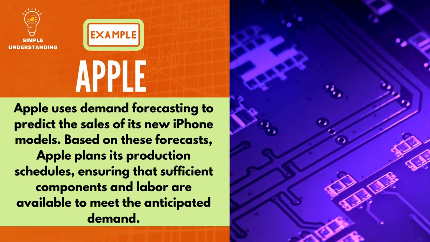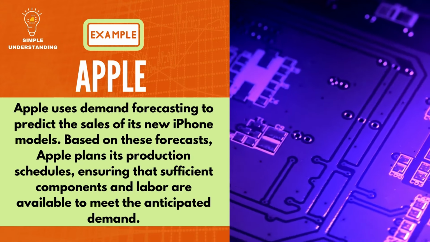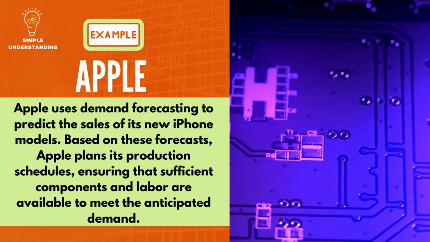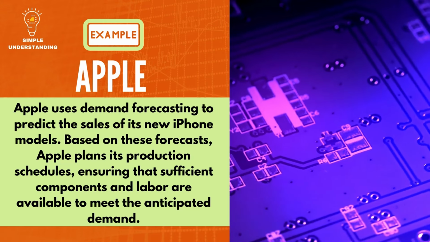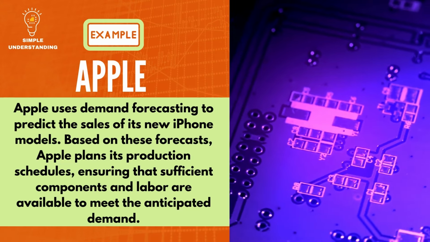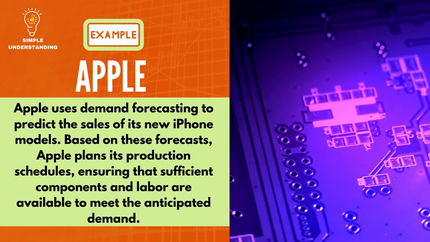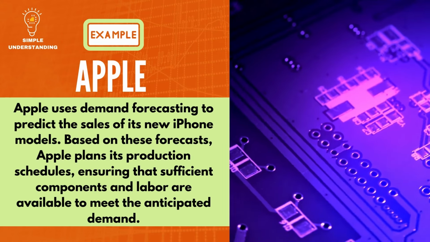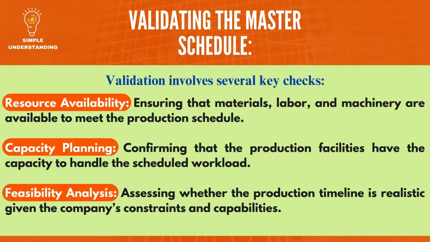Example: Apple. Apple uses demand forecasting to predict the sales of its new iPhone models. Based on these forecasts, Apple plans its production schedules, ensuring that sufficient components and labor are available to meet the anticipated demand. 3. Validating the master schedule. Validation involves several key checks. A. Resource availability.